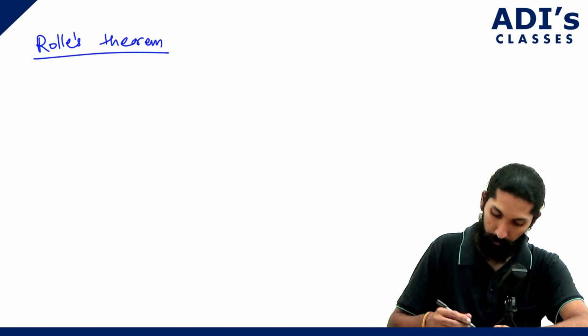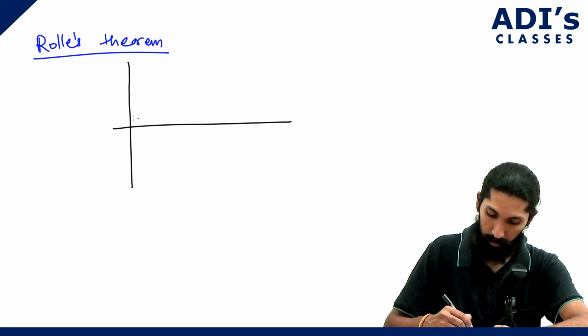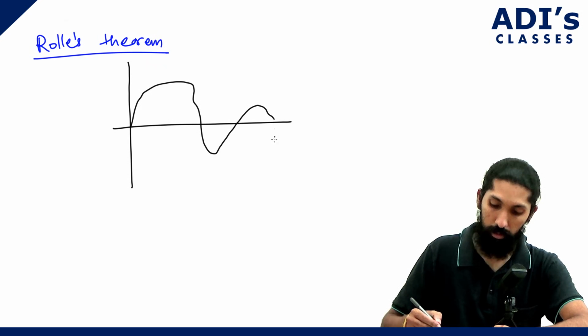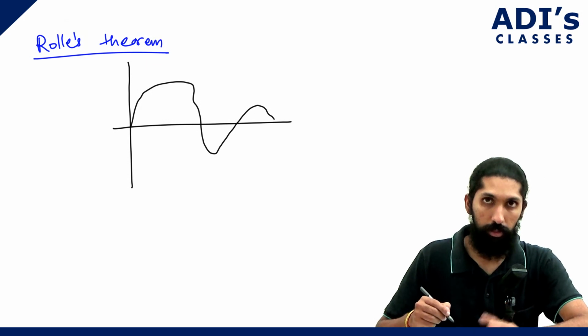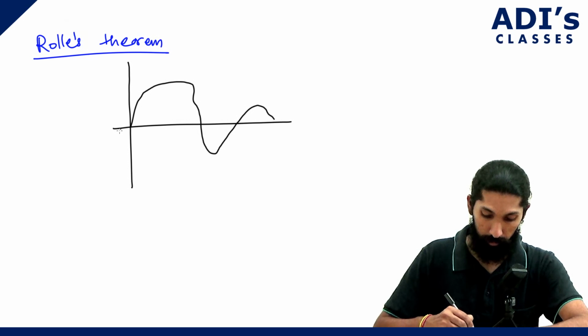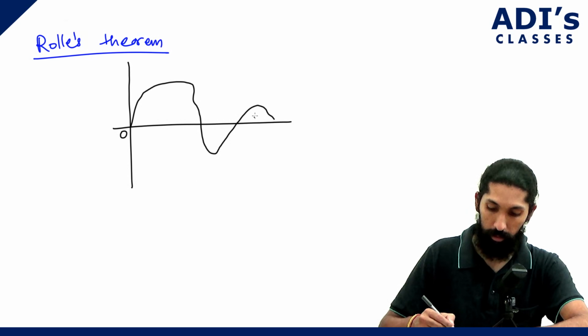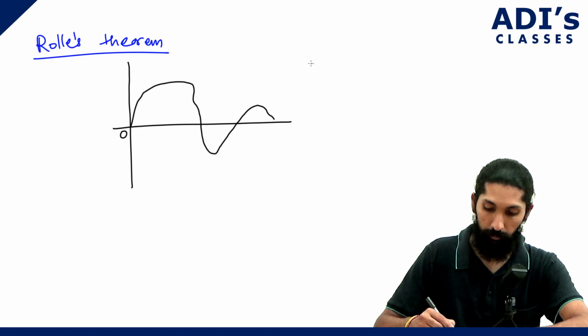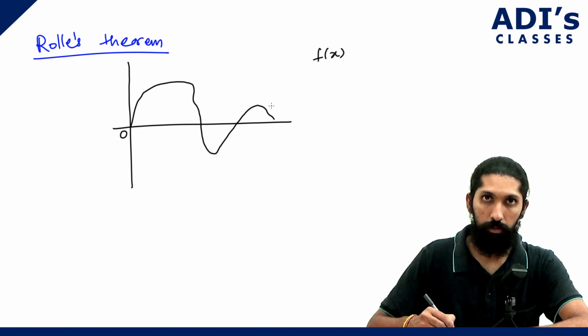Say you have a function, something like this. Let's take 2 points within this function. So this is 0 and this function, maybe we can call it f of x.